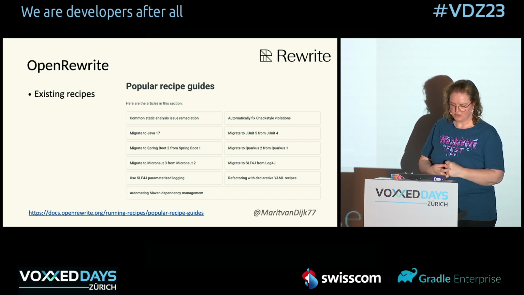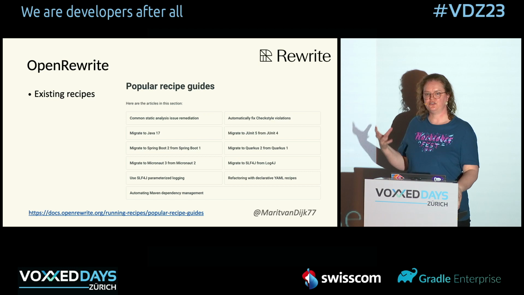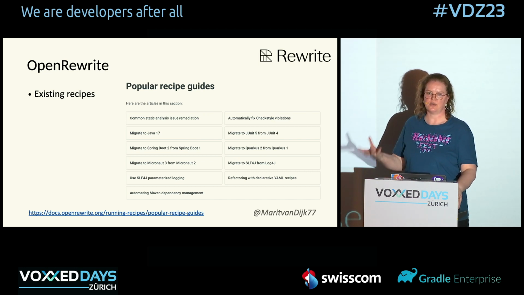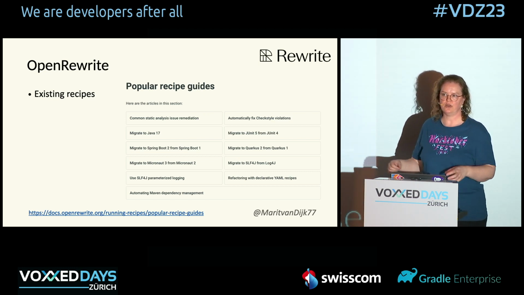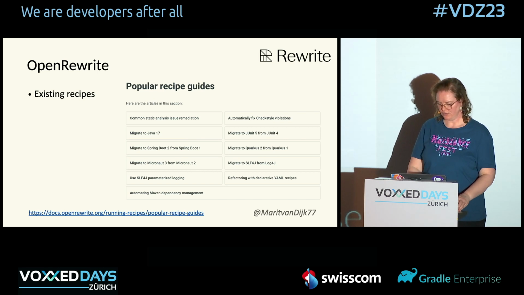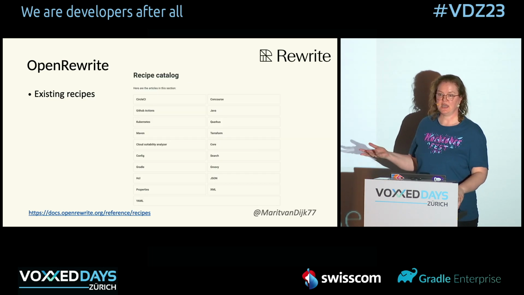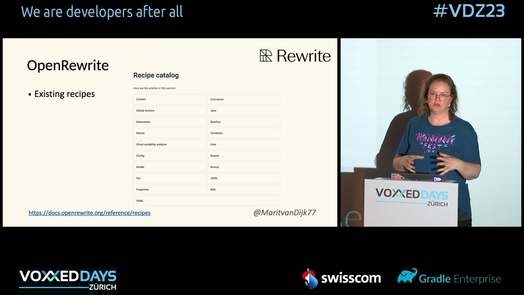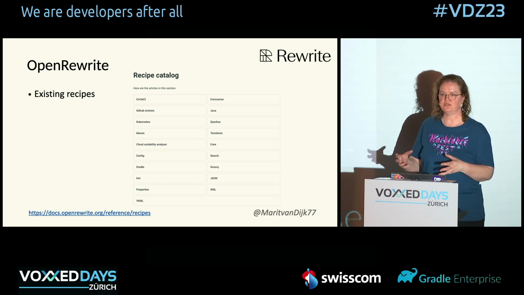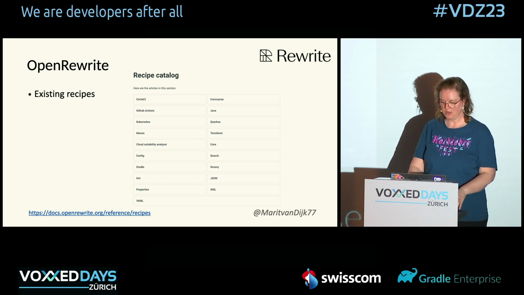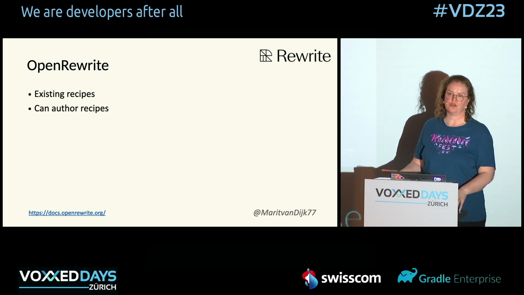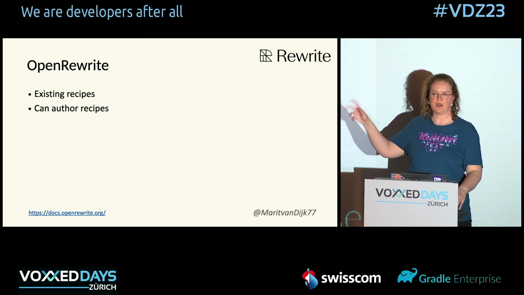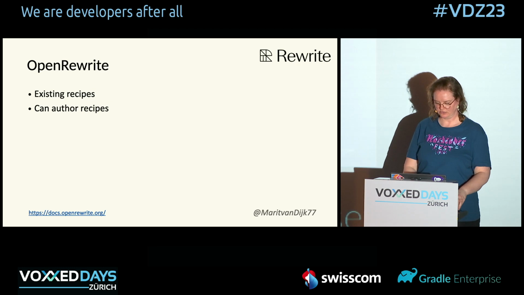And they can fix Checkstyle violations so that you don't have to worry about the style of your code in your team yourself. They have a recipe catalog. Some of the recipes are included in OpenRewrite itself. Some are maintained, for example, by Spring. And you can author your own recipes if you have particular migrations that you need in your code base.